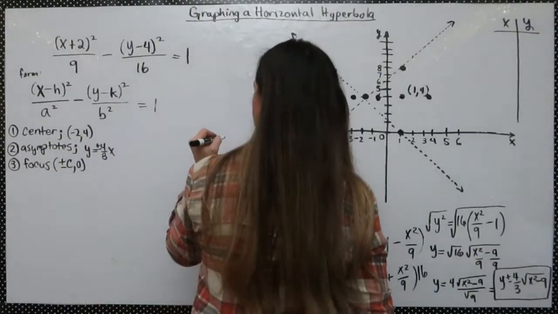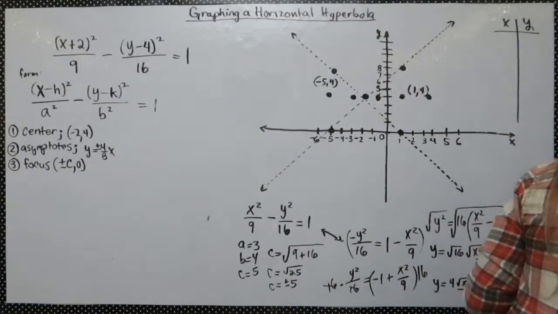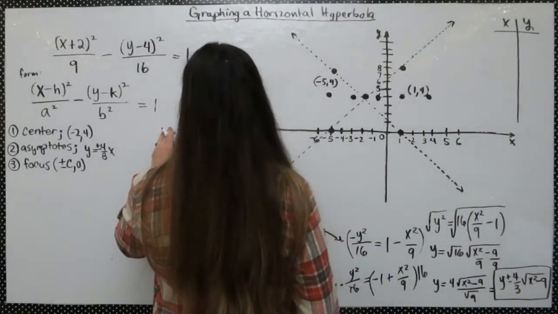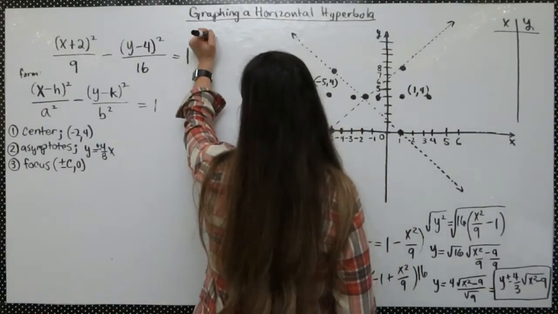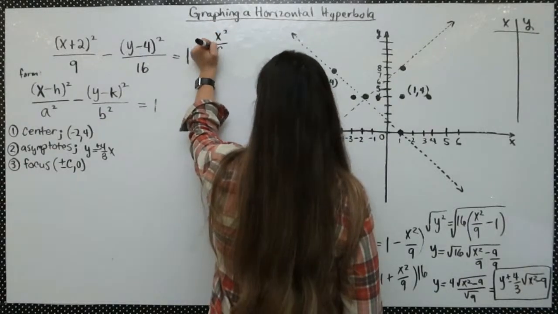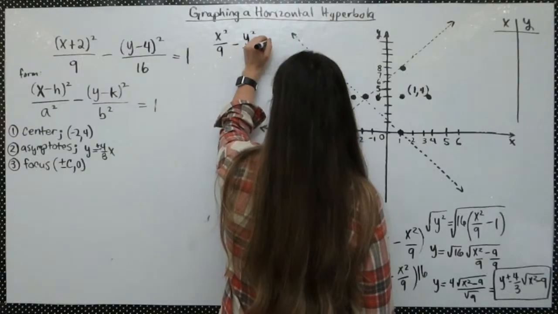So basically, the process is going to be that I took and I rewrote this. So it's x squared over 9 minus y squared over 16 equals 1.